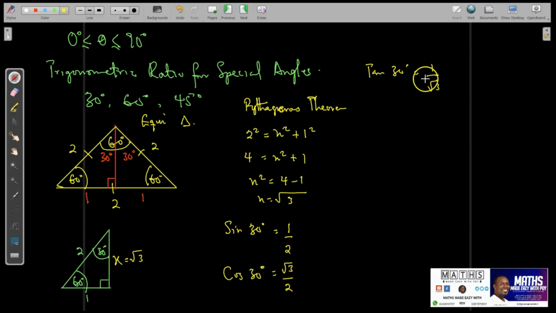But from the idea of surds, we can rationalize, isn't it? When you rationalize, you multiply the denominator by root 3 and the numerator also by root 3. So that is going to give you the final answer as root 3 on 3. So can you confirm from your calculator that tan 30 is root 3 on 3?